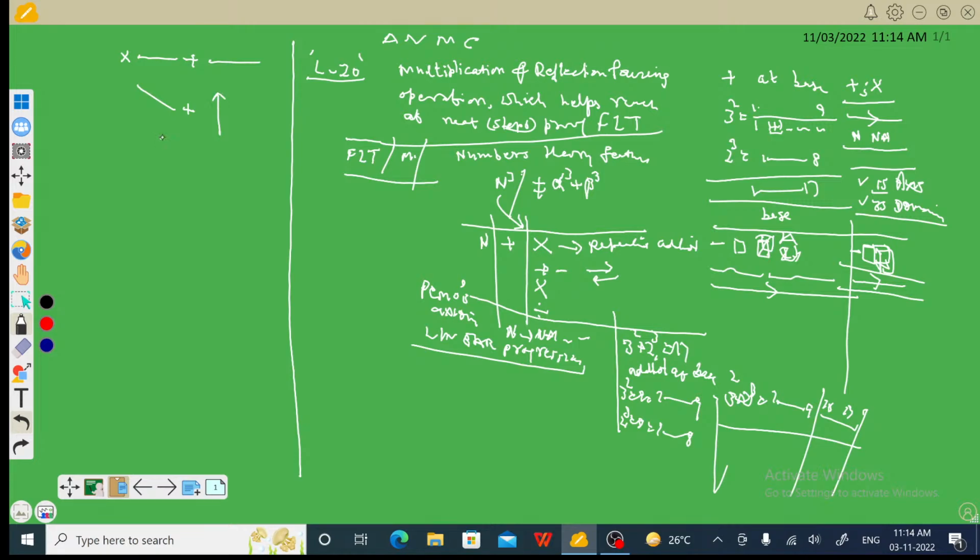By this means, if we want to go for n square, we can also go as n raised per 1 into n raised per 1 is equal to n square, that is n raised to 1 plus 1, that is, it is going to be an addition at the index.